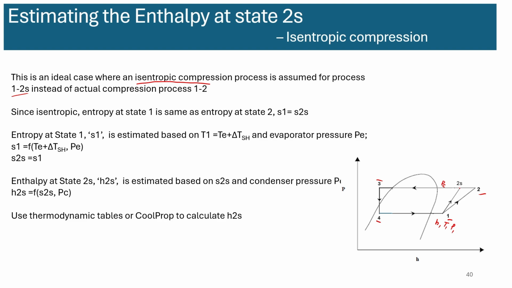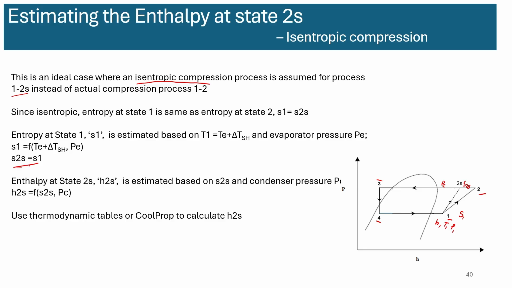We need at least two properties to determine that. Thankfully, this is an isentropic line, so the entropy at 1, S1, should be the same as the entropy at 2s. So S1 should be the same as S2s. If we can find S1, we'll know S2s and we'll have two properties at 2s.